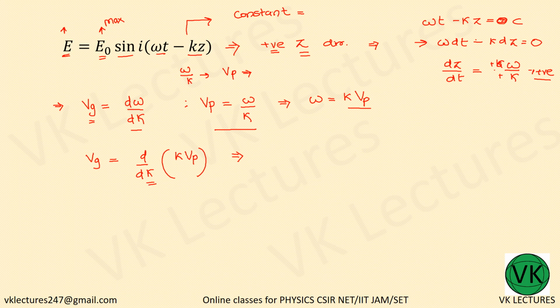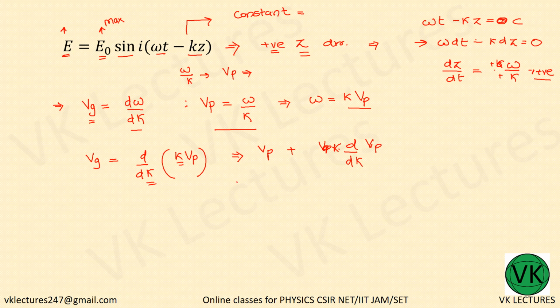What you get is Vp plus k times d by dk of Vp.